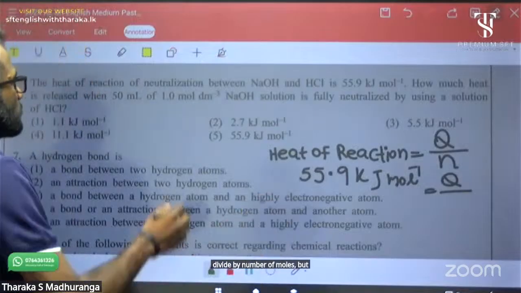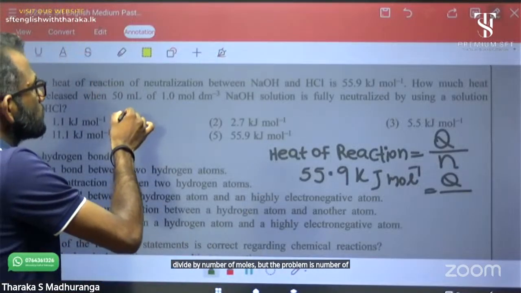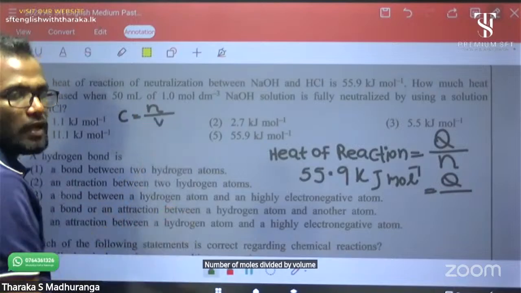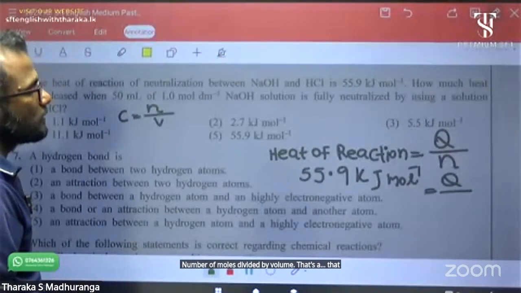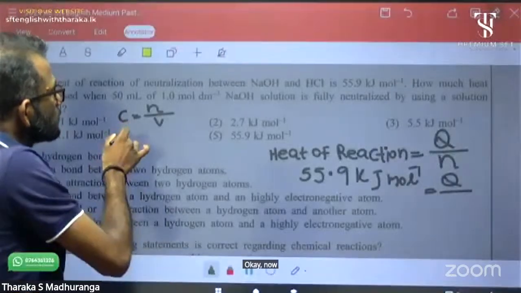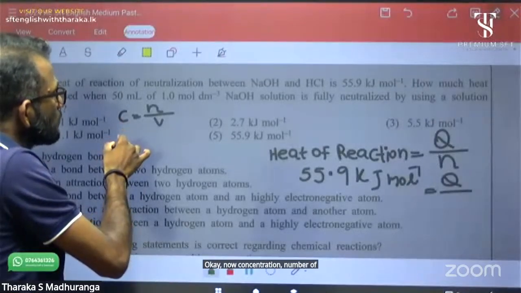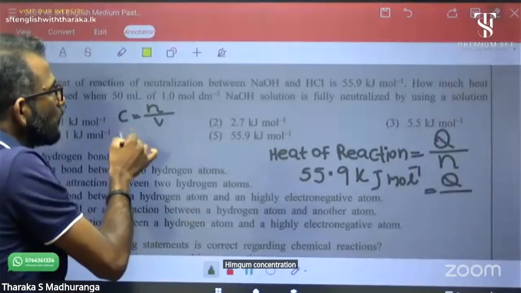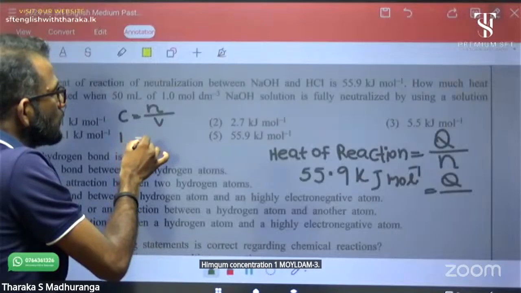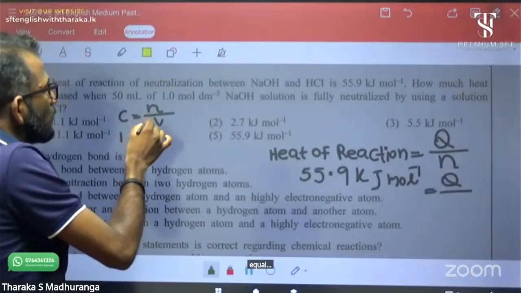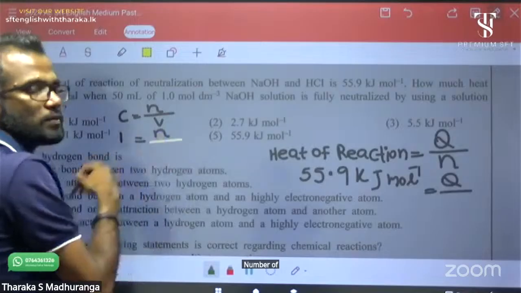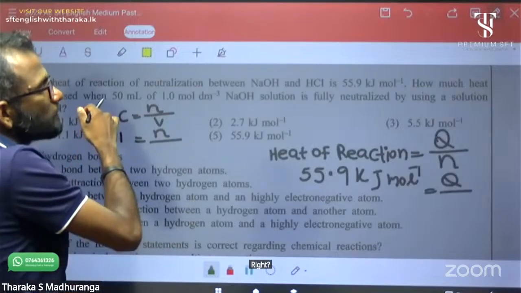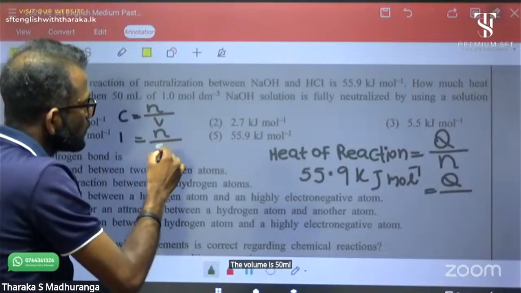Now the concentration is given. Concentration equals number of moles divided by volume. That's the equation we discussed in the lesson. Concentration is 1 mol dm-3, the number of moles we don't know, and the volume is 50 milliliters.